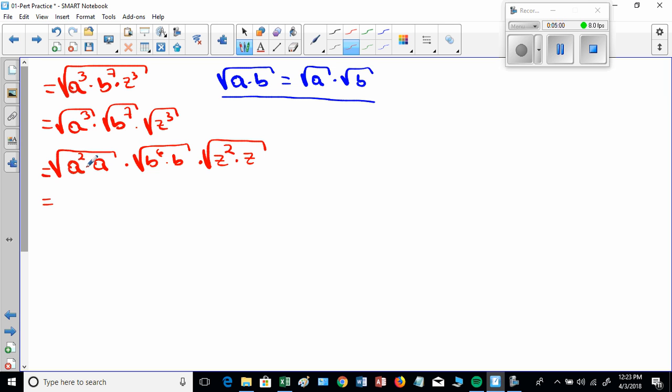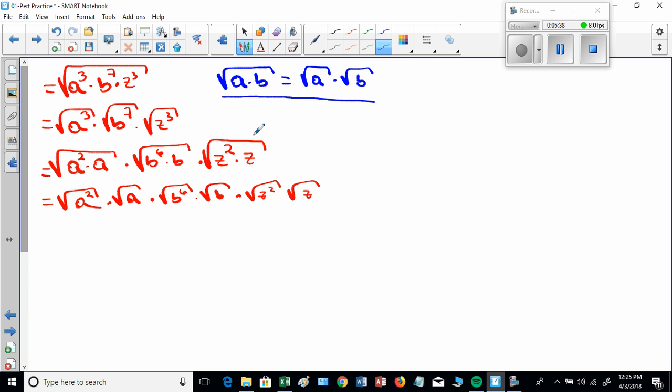So since we're multiplying here, we're going to have the square root of a to the second, times the square root of a, times, we're going to separate this expression right here, the square root of b to the sixth times the square root of b times the square root of z to the second times the square root of z. And now what we do is we simplify what we can, and what we cannot simplify, we'll leave the way it is and see if we can combine them back together.